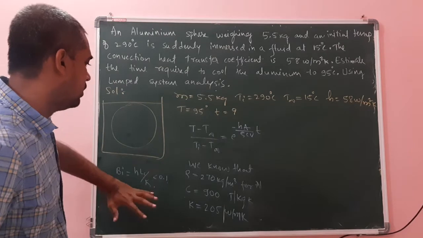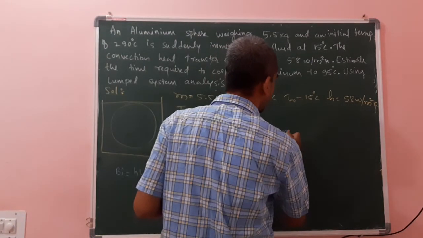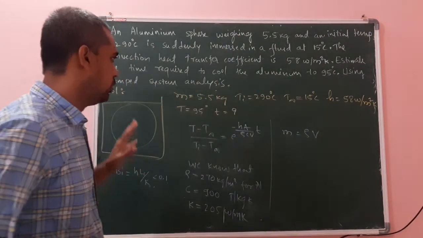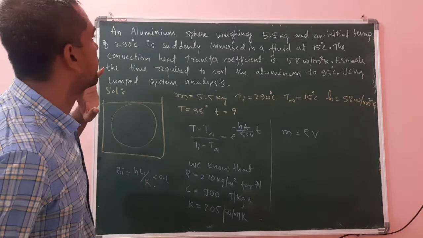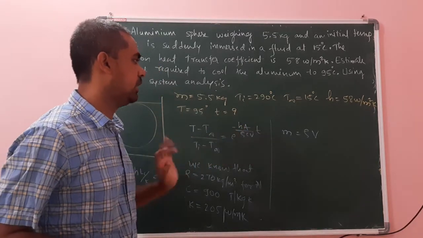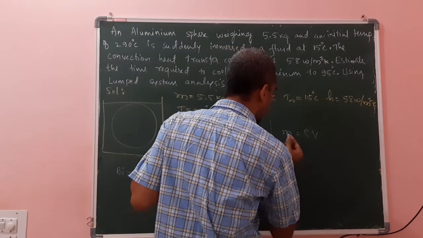Further, we will use this density. We know that mass is equal to density into volume. We have to calculate the radius, because here we need volume and area. Therefore, I will calculate the radius like this.